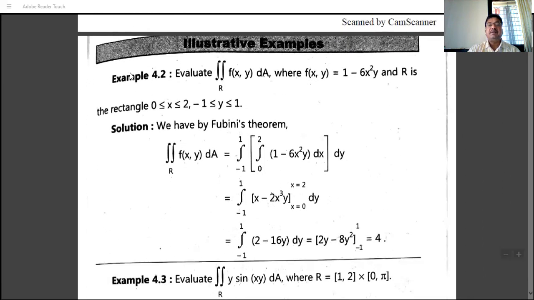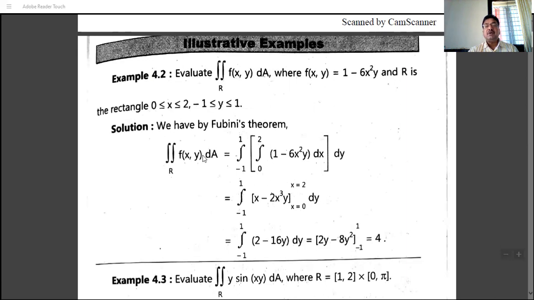So what is the first example? Evaluate the double integral over R of f(x,y) dA, where f(x,y) is 1 minus 6x square y, and R is the rectangle where x runs from 0 to 2 and y runs from minus 1 to 1.